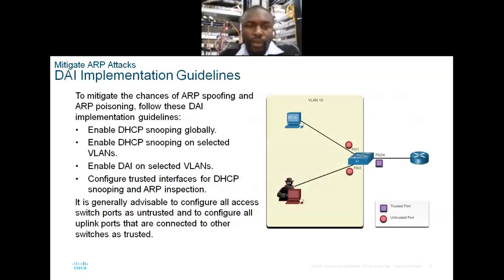So to mitigate STP attacks, use PortFast and BPDU guard. All right. PortFast immediately brings a port to the forwarding state from the blocking state, bypassing the listening and learning states. So apply it to all end user access ports.